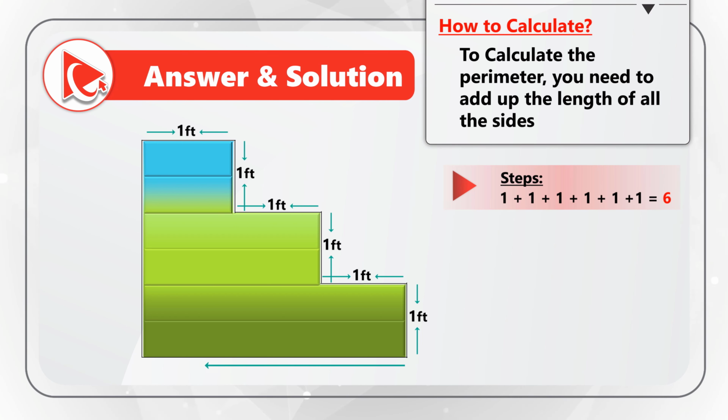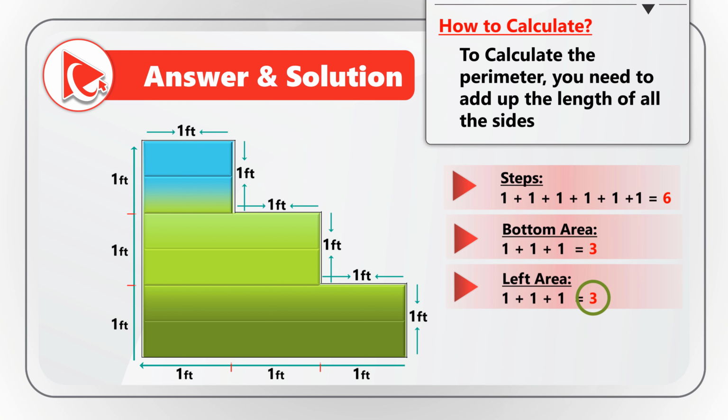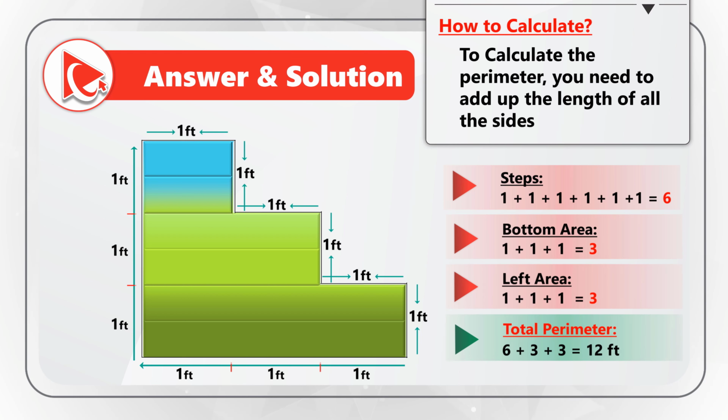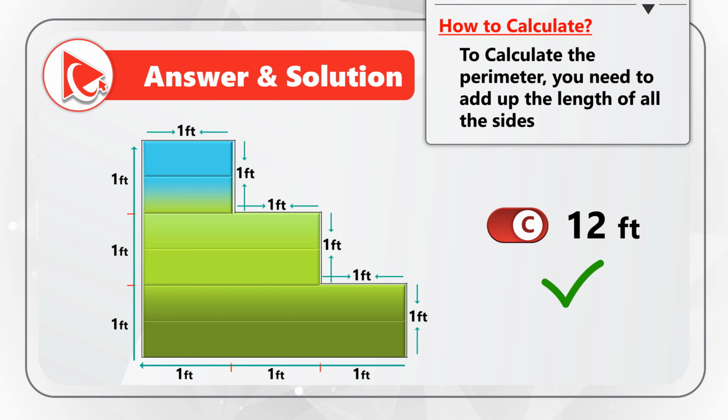The bottom side, based on the measurements, would be 3 feet, and the left side would be 3 feet as well. So the total perimeter would be 6 feet for the steps, then 3 for the bottom, and we also need to add 3 feet for the left side, which would total to 12 feet. So the correct answer here is choice C, 12 feet. Did you get to the same answer? If not, please make sure to post your solution and rationale in comments.